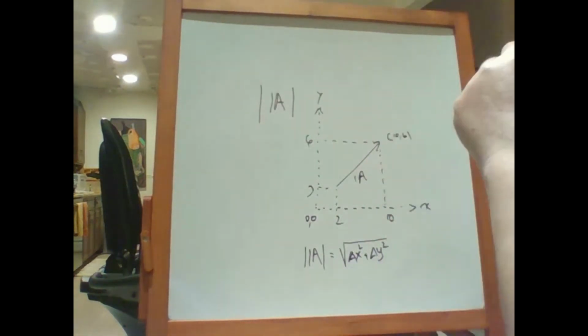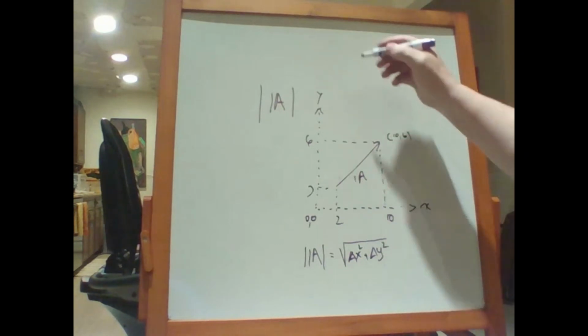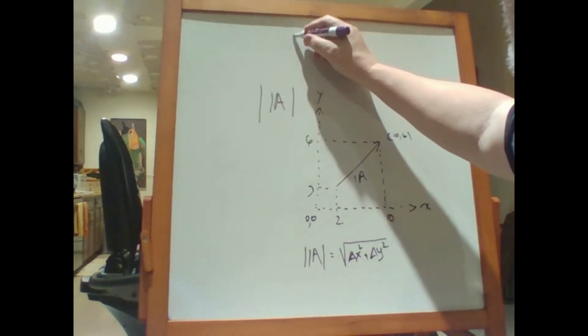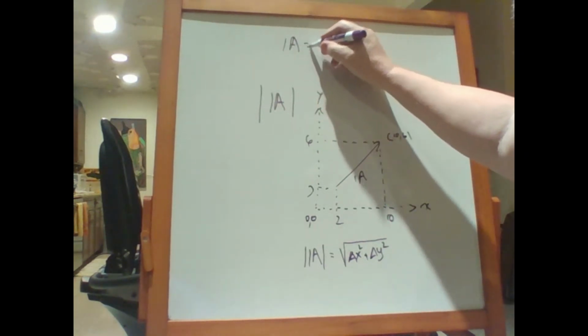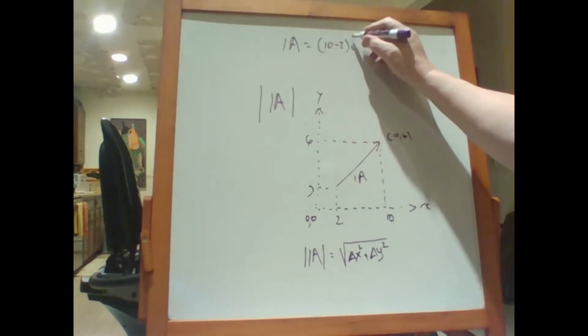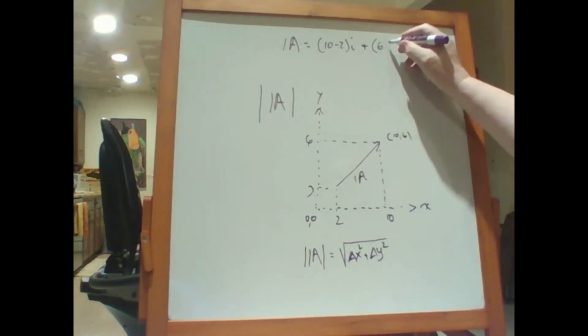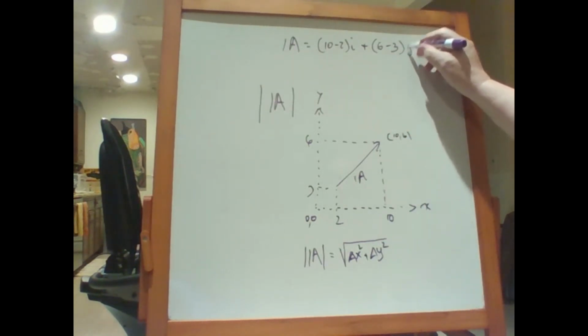What would this vector be? Well, this vector A is equal to 10 minus 2 in the i direction plus 6 minus 3 in the j direction.